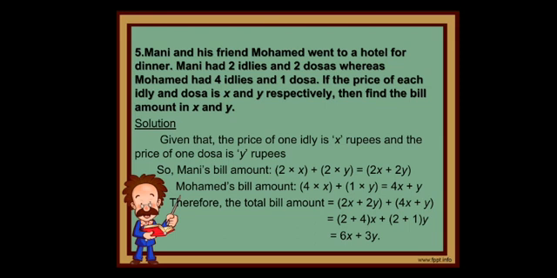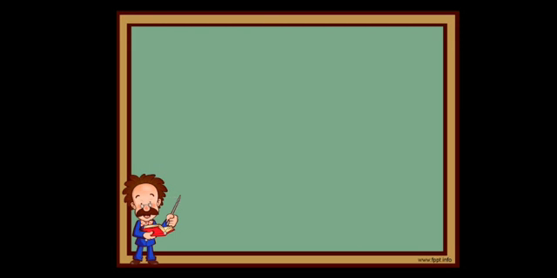Or we have another method. Mani had 2 idlis and 2 dosas, and Muhammad had 4 idlis and 1 dosa. So together, how many idlis did Mani and Muhammad have? 2 plus 4, 6 idlis, and together they had 3 dosas. Right.